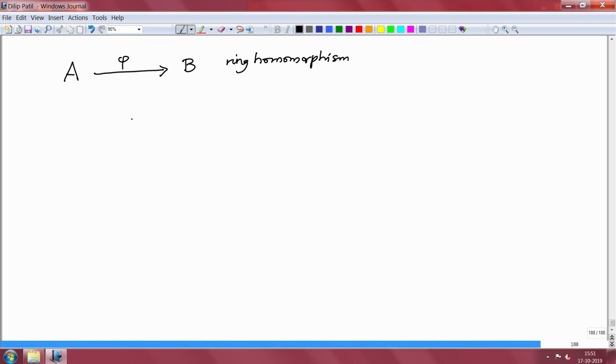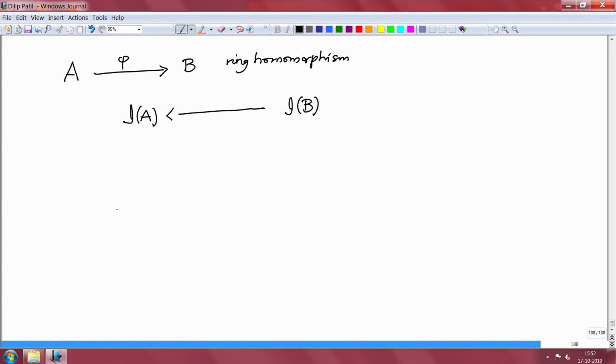So, I have the set of ideals in A and I have the set of ideals in B, and both are ordered sets, ordered by the natural inclusion. And now yesterday we saw there is a map this way.